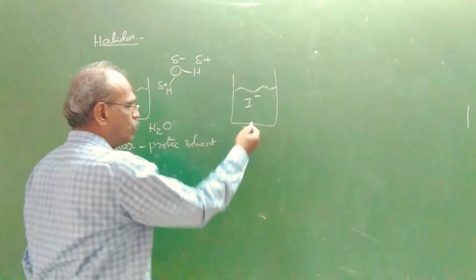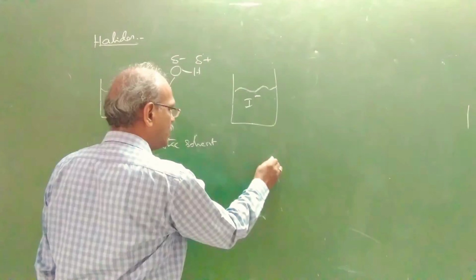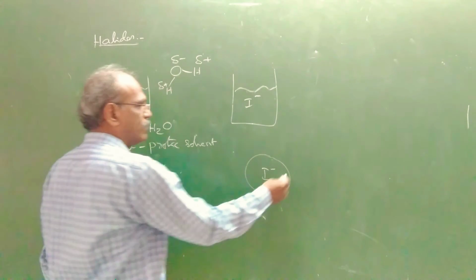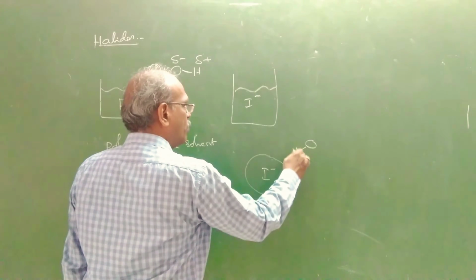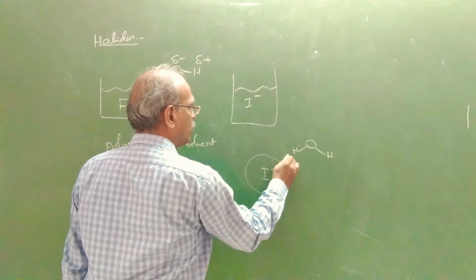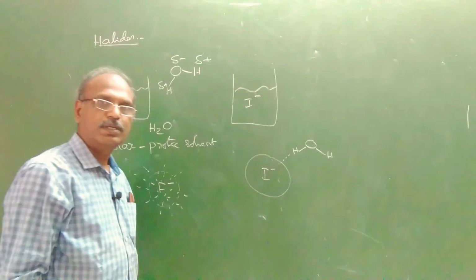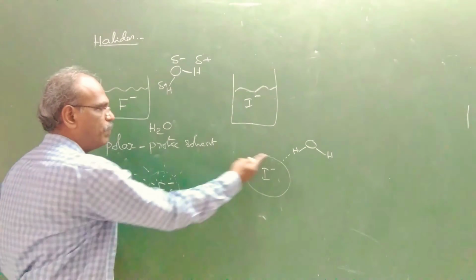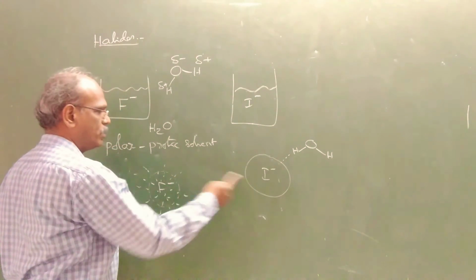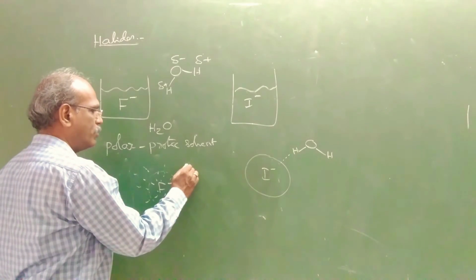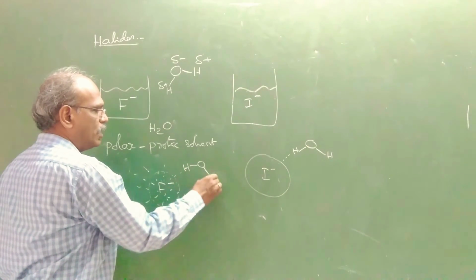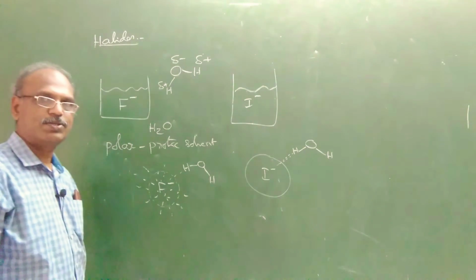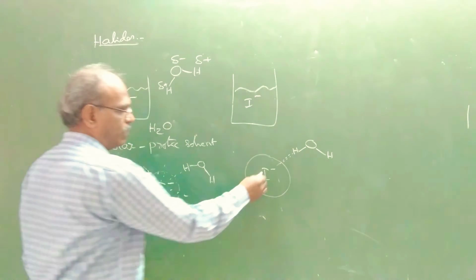Whereas in the I minus case, it is larger in size, and the probability of forming a hydrogen bond is less, a weaker bond compared to this. If you compare the strengths of these two hydrogen bonds, in the case of I minus the hydrogen bond strength is less because of its size.